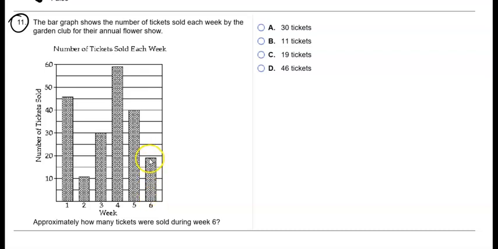You can see here you approximate the number is less than 20 tickets. Obviously, 19 tickets were sold on week 6.